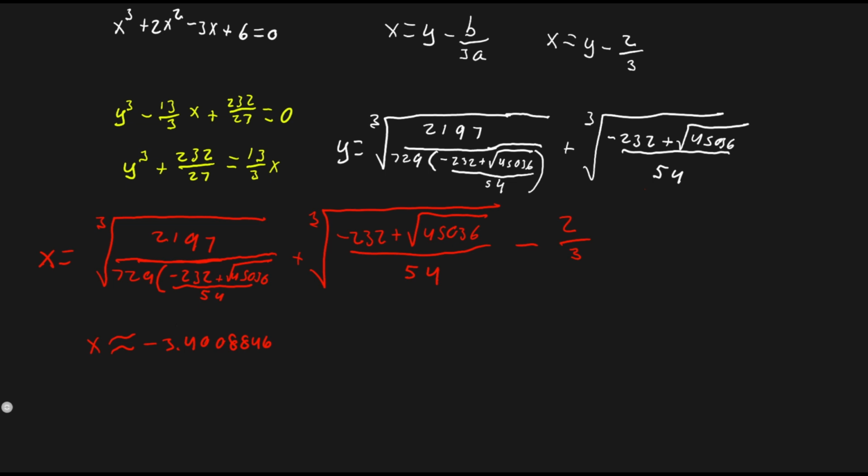So if we plug in this approximation, just with the first few digits, we should see that it does indeed give us 0.